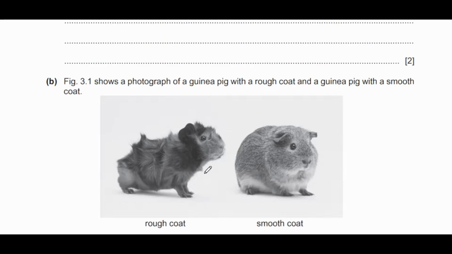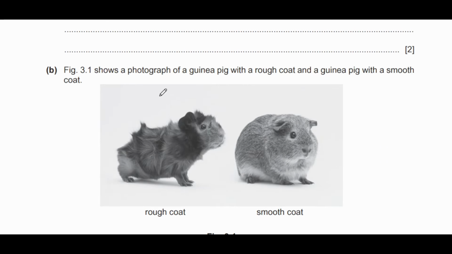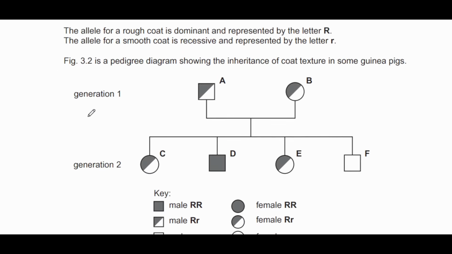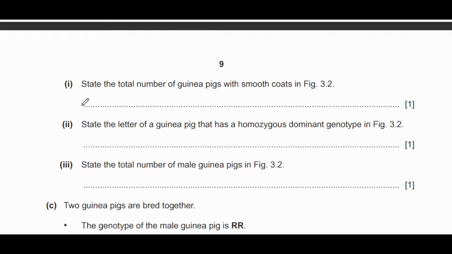Okay, now next, Fig 3.1 shows a photograph of a guinea pig with a rough coat and a guinea pig with a smooth coat. The allele for rough coat is dominant and represented by letter R. Allele for smooth coat is recessive and represented by the letter small r.